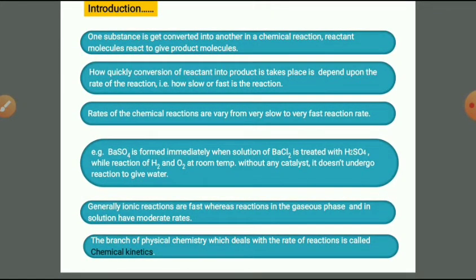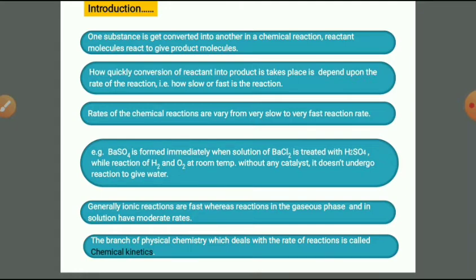Generally, one substance gets converted into another substance in a chemical reaction, where the reactant molecules react with each other to give the final product. The reactant molecules collide with each other, and depending upon that, the product is formed.